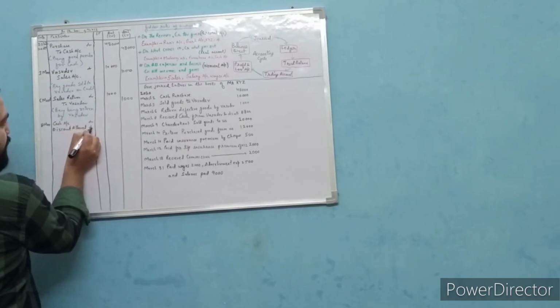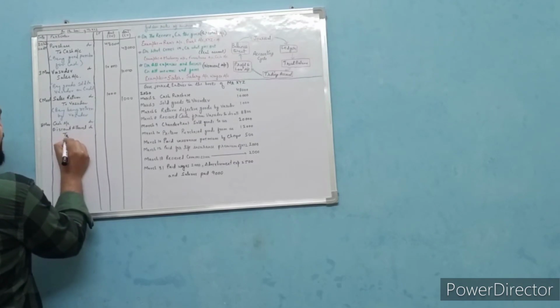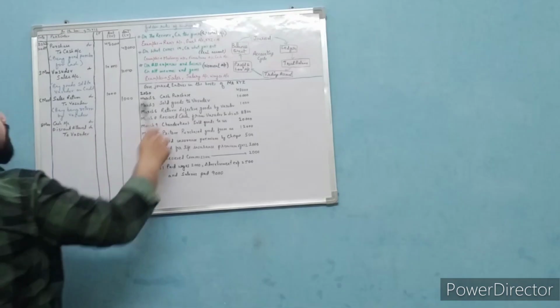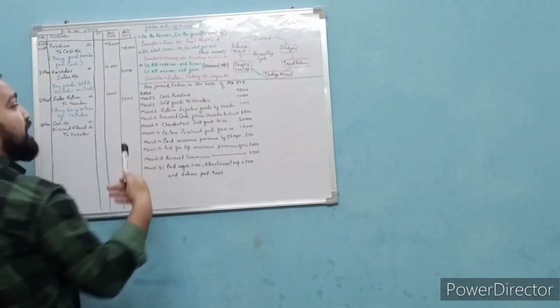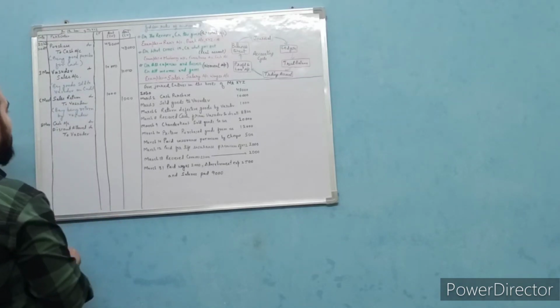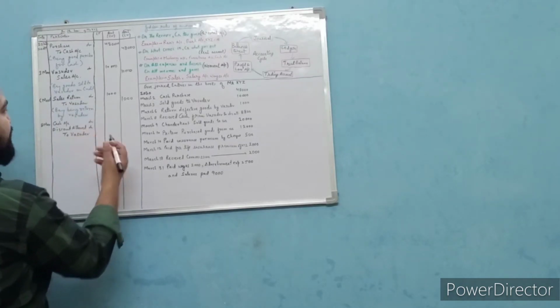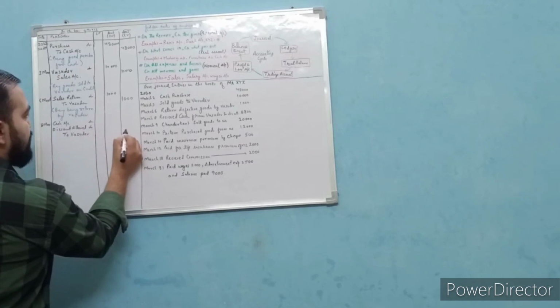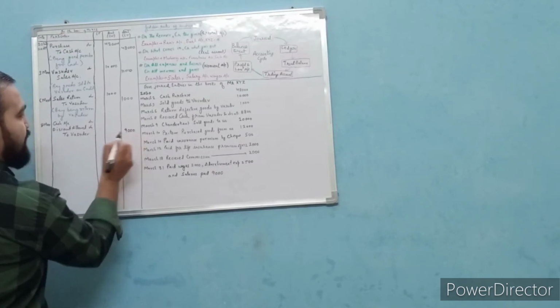Discount allowed is also debit, to Vasudev, because Vasudev is the giver of money, and according to the rule of personal account, credit the giver. He is giving us money, so we have to write his name on the credit side. How much amount has he given? Vasudev has given us 9,000 rupees. On the Vasudev side, we have to write 9,000.